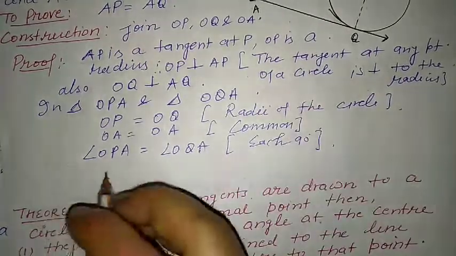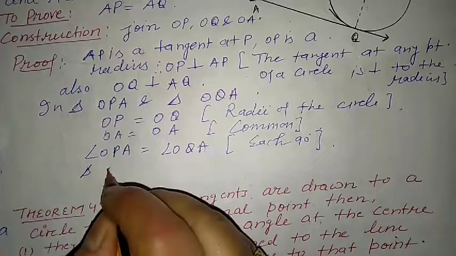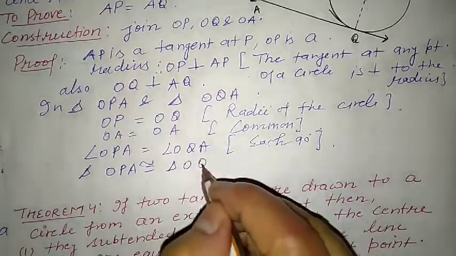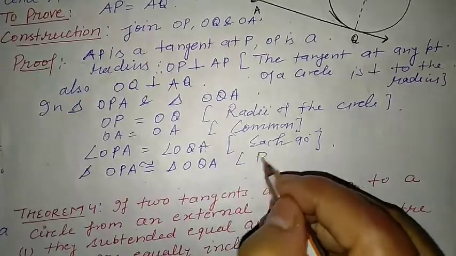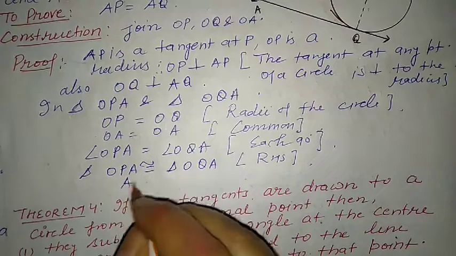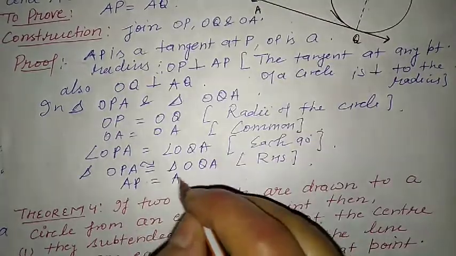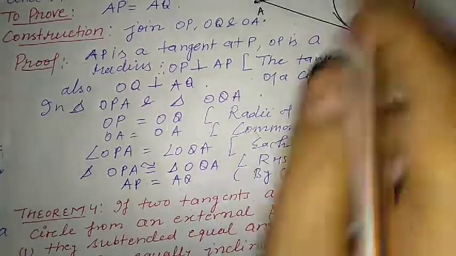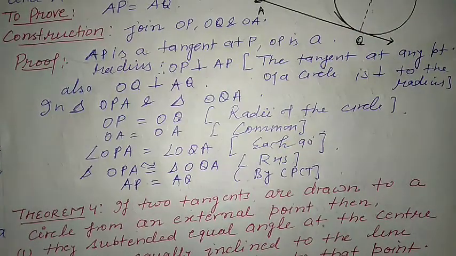This is the perpendicular. So triangle OPA is congruent to triangle OQA by RHS congruency. Then we can say that AP is equal to AQ by CPCT. This is the proof of our theorem.